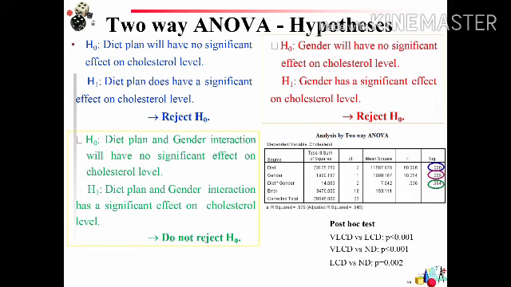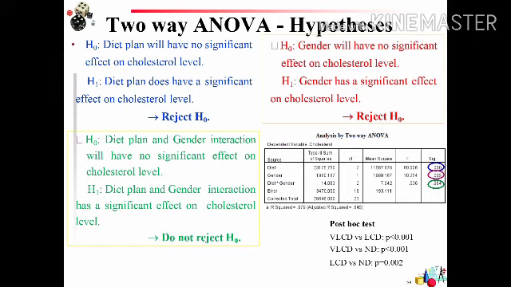The third research question is whether the diet plan and gender interaction have any role in reducing the cholesterol level. For that we generate the null and alternative hypotheses: the null hypothesis, diet plan and gender interaction will have no significant effect on cholesterol level, and the alternative hypothesis, diet plan and gender interaction has a significant effect on cholesterol level.